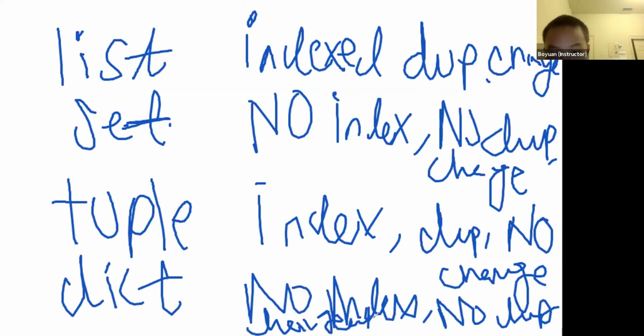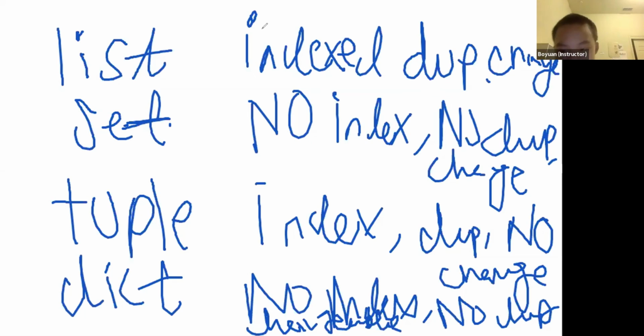Sorry if you cannot read my handwriting, I should probably make it a little more organized. List is indexed, allows duplicate elements, and is changeable. So a list is like whatever element you want, you can put it in. Set doesn't allow index numbers. Usually you will only get elements from a set by using a loop to get all the elements.